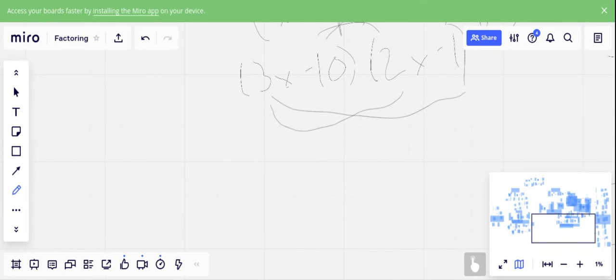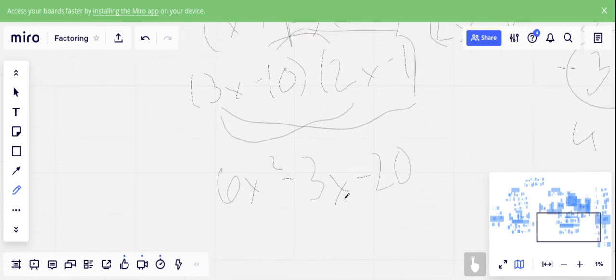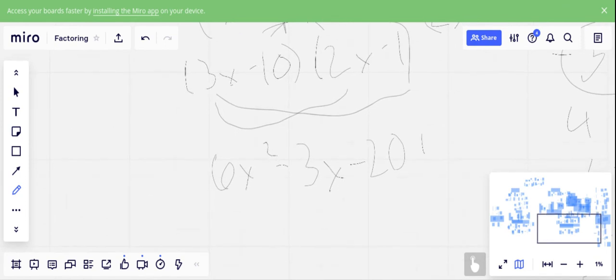So first times first is 6x squared, then first times the second is negative 3x, then second times the first is negative 20x, and then second times the second is 10.